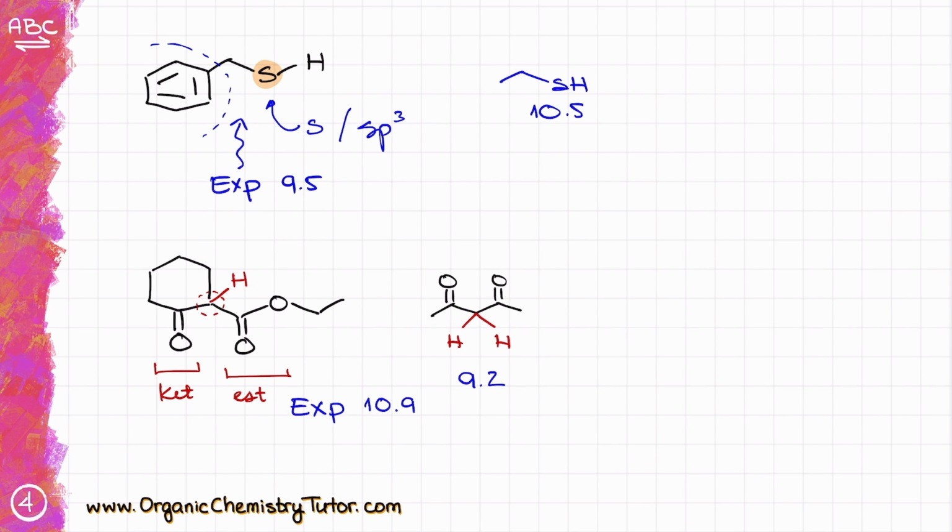So in a nutshell, this is how you're going to be approaching your pKa table. Do not look for the exact molecule in the pKa table. You might get lucky and get the exact molecule that you are dealing with right on your pKa table, but in most cases chances are you're not going to have one.